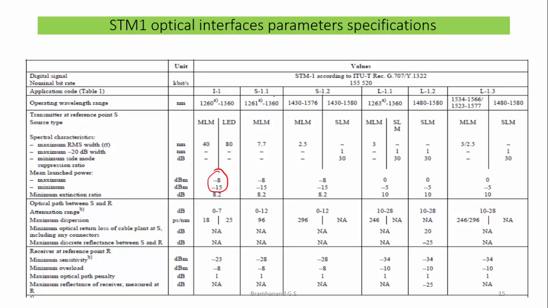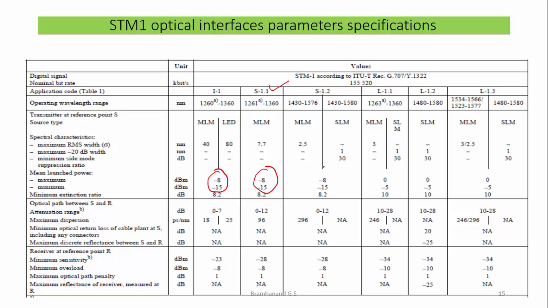For example, if my laser is used for S1.1, then it has to be in the range of minus 8 dBm to minus 15 dBm. S1.1, as we discussed, means that it is for short haul STM1 and which is using 1310 nanometer.